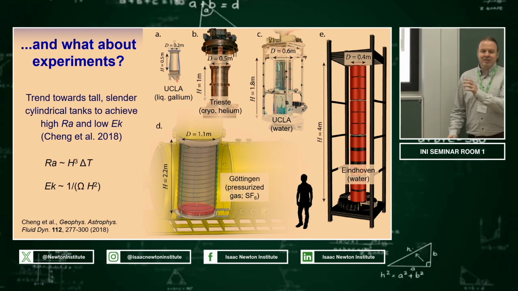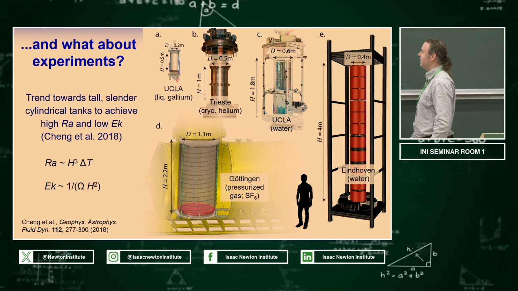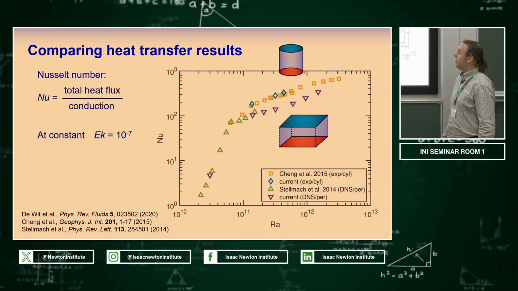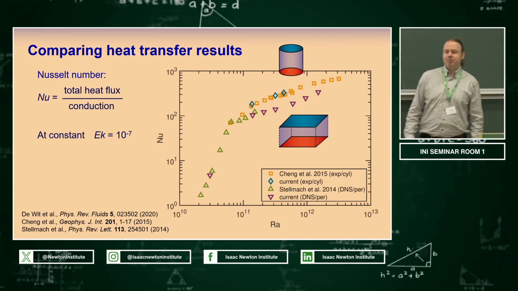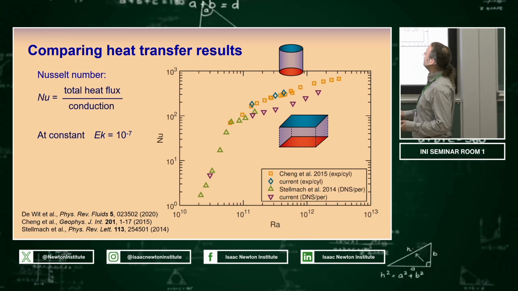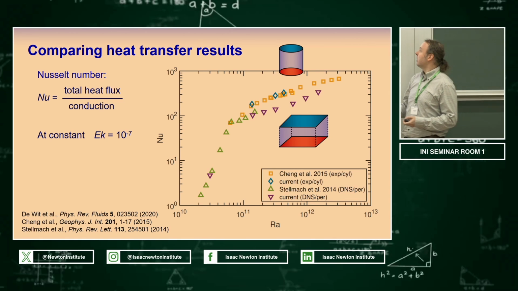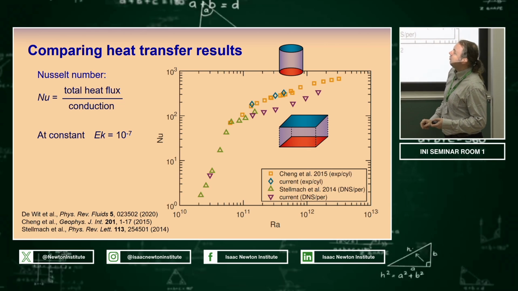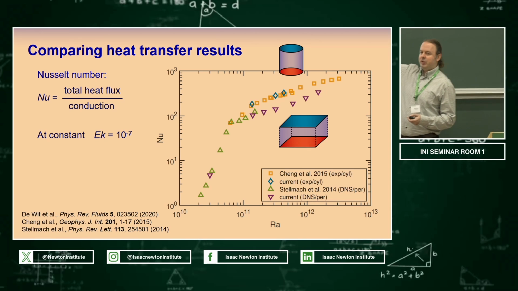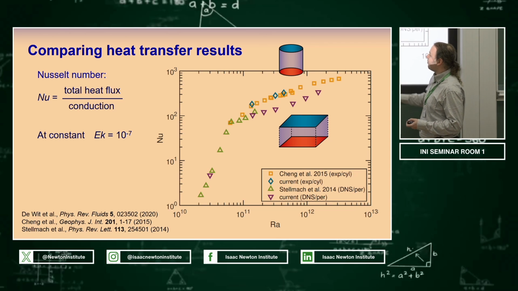But this slender domain may not be the smartest choice in the end, because we built this setup, we did some preliminary measurements, and we were comparing to some results that were available in the literature. So we measured the convective heat flux, which is here shown in a dimensionless form as the Nusselt number.